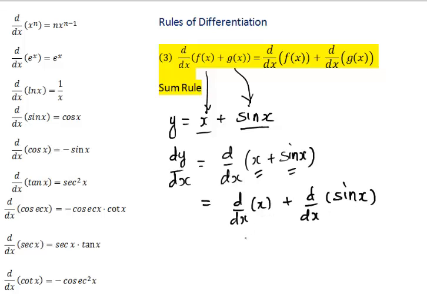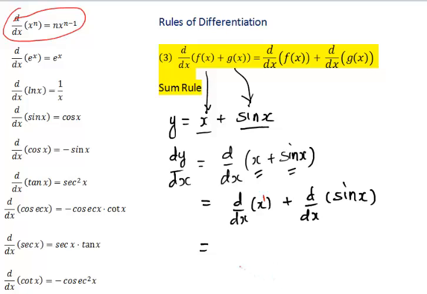Now you can apply the elementary formula for the differentiation of x and the elementary formula for the differentiation of sin x. This is x to the power 1 here. So you can apply the first rule here, that d by dx of x to the power n is n x to the power n minus 1.